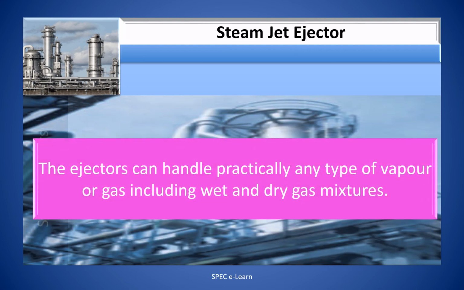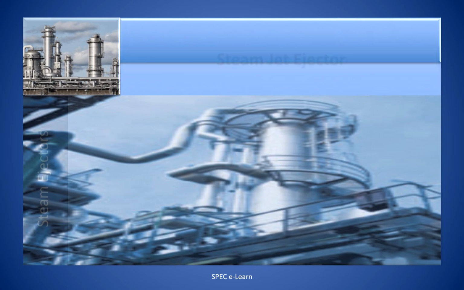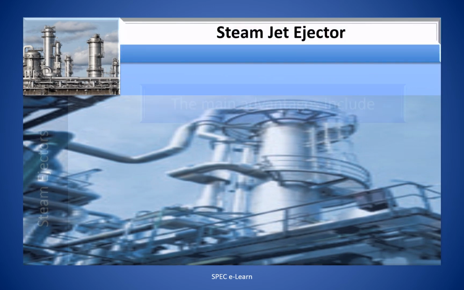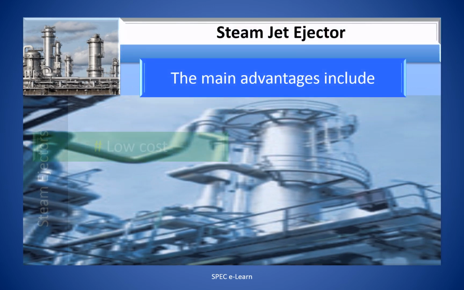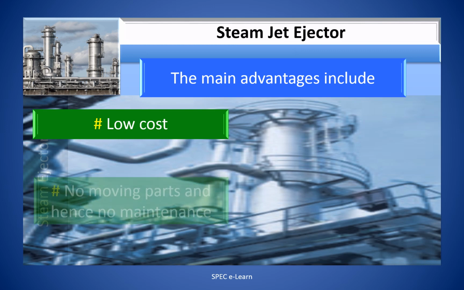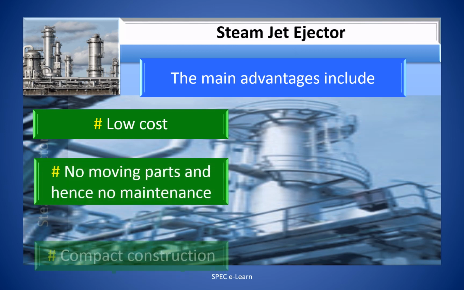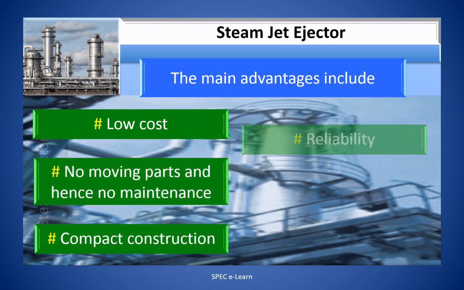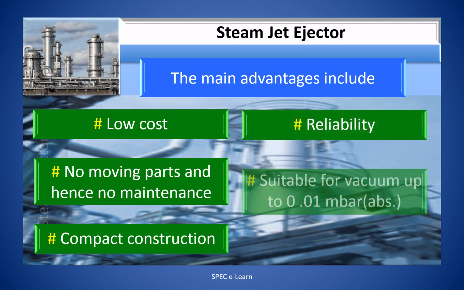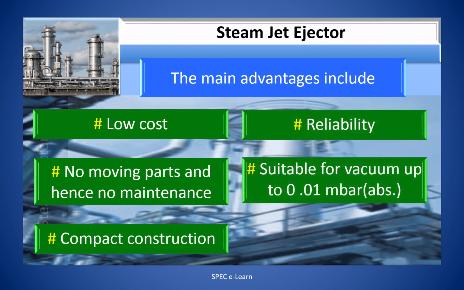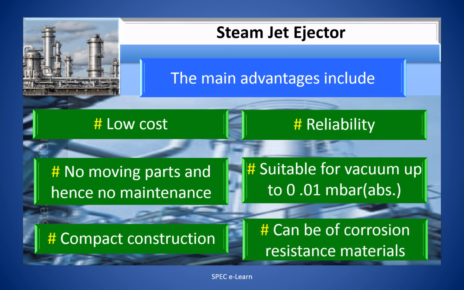The ejectors can handle practically any type of vapor or gas, including wet and dry gas mixtures. The main advantages include low cost, no moving parts and hence no maintenance, compact construction, reliability, suitability for vacuum up to 0.1 millibar absolute, and can be made of corrosion resistant materials.